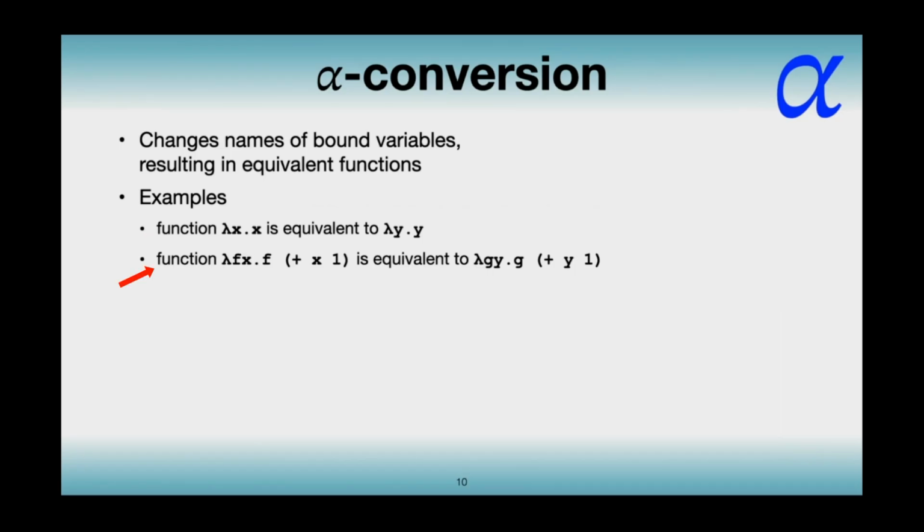Also, this function that's a bit more complicated has 2 things coming in, a function and some value. And so it just applies that function, whatever it is, to x with 1 added to it. Well, if I rewrite that and I change the f's to g's and the x's to y's, I haven't changed anything. It's still a function doing exactly the same thing. So that's an alpha conversion.